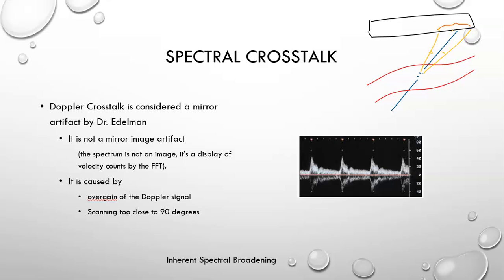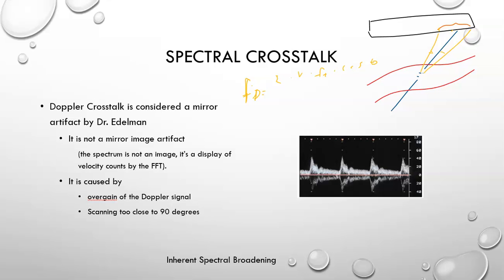And because these angles are different, you get different frequency shifts, because if you remember the Doppler frequency is equal to 2 times the velocity times the fundamental frequency that we transmit with times the cosine theta, right?